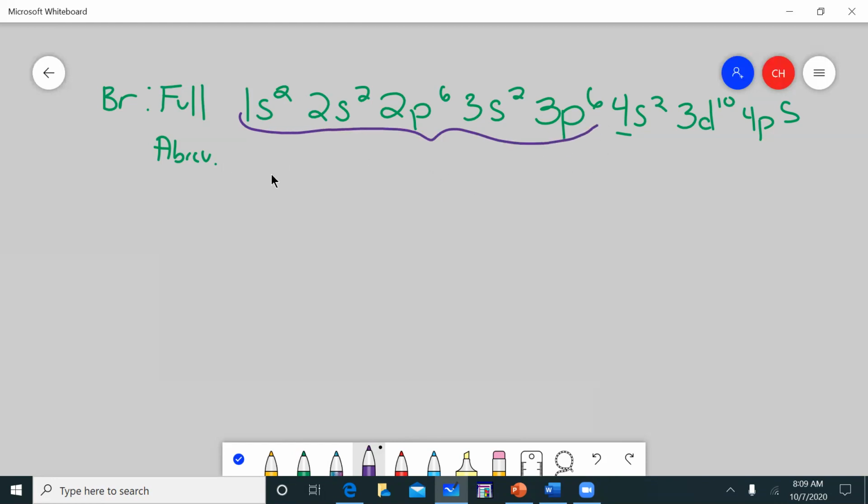So when abbreviating it, we can do argon in brackets to represent this whole thing, but then we need to add the remaining stuff: 4s2, 3d10, 4p5.